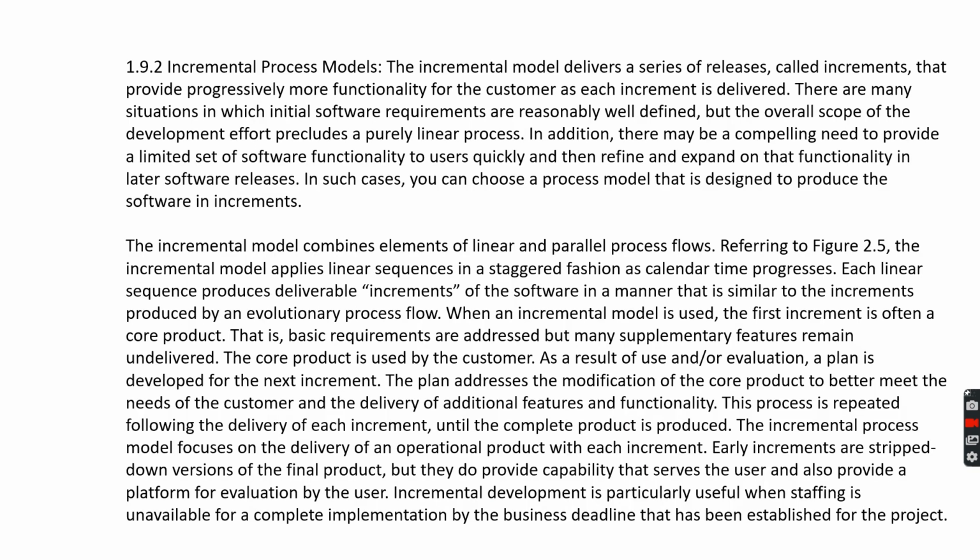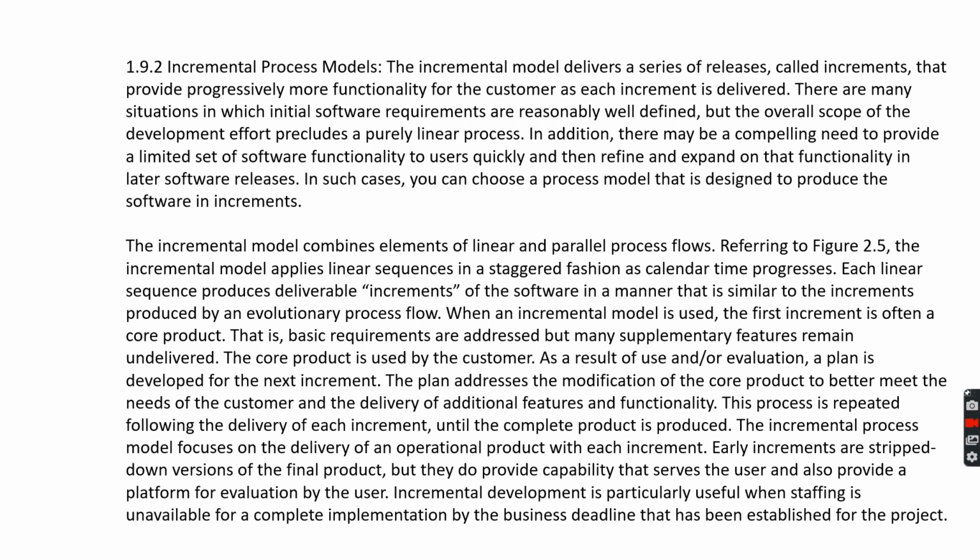The second is the incremental process model. The incremental model delivers a series of releases called increments that provide progressively more functionality for the customer as each increment is delivered. There are many situations in which initial software requirements are reasonably well defined, but the overall scope of the development effort precludes a purely linear process.